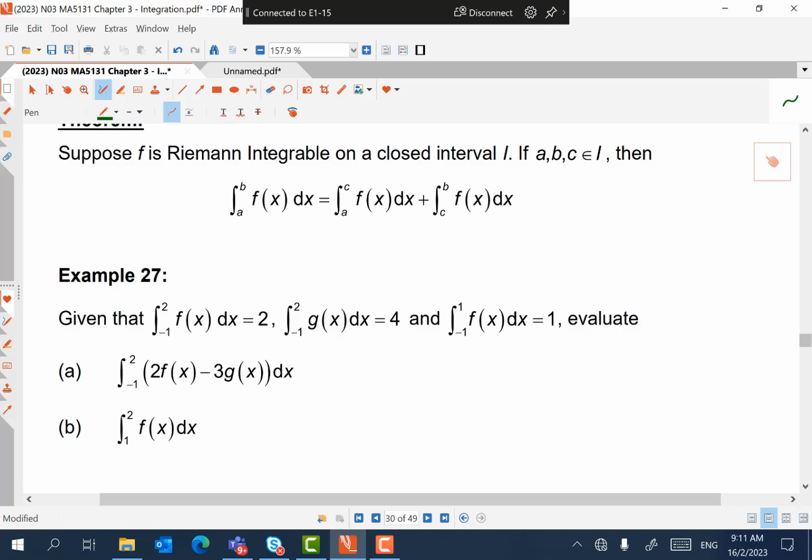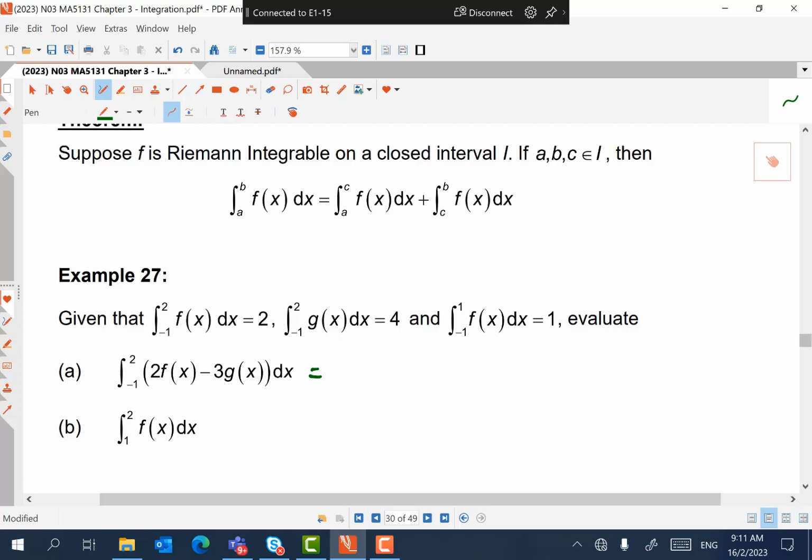Let's go. Okay, question 27. Anyone has an answer for me? Jethro, what's the answer? Is it 3 or something? Wait, let's see again. It's going to be 4 minus 12. Is it 4 minus 12, right? Yeah.